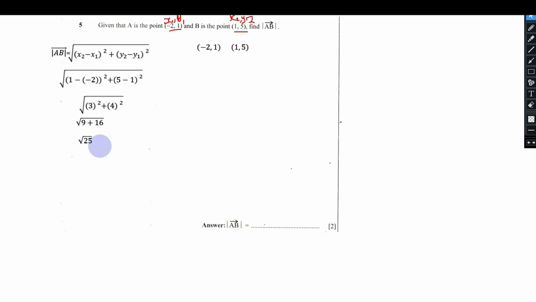A number we can use to multiply it 2 times by itself to get 25 is what? Correct, 5. So here we'll just write 5 units. That is the size. So just put the word unit. Don't put centimeters, just put the word units. Okay, so that is our answer there, 5 units.